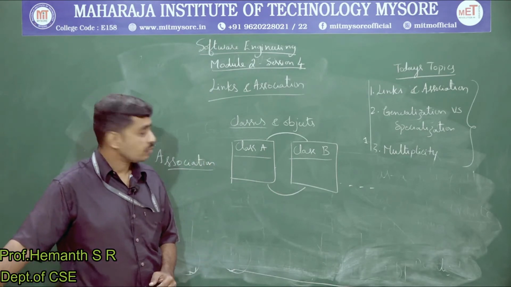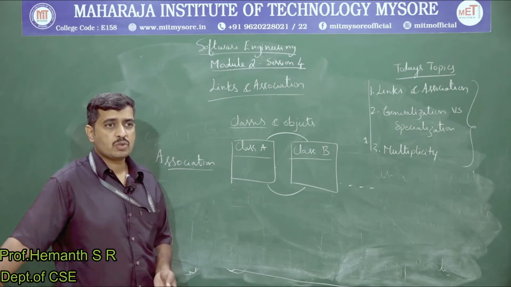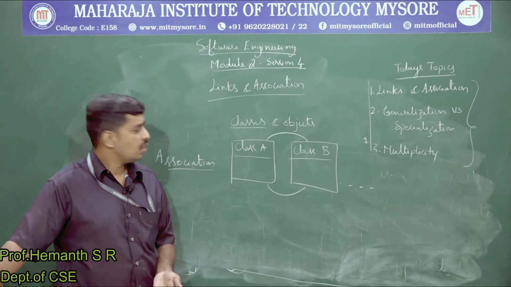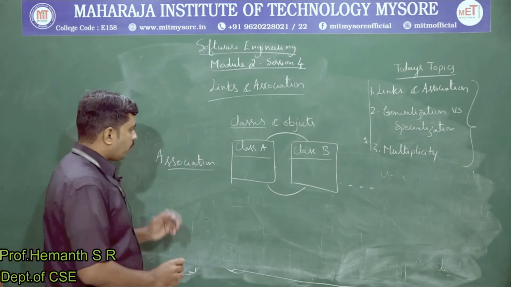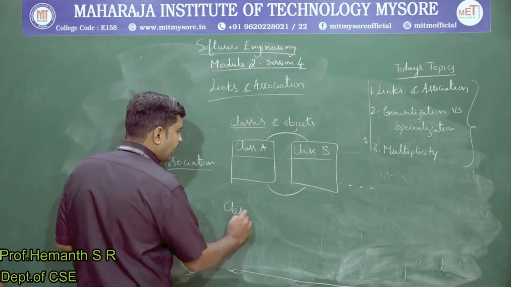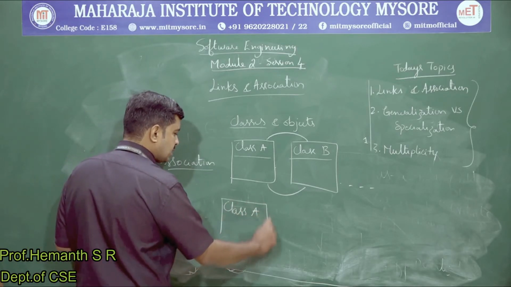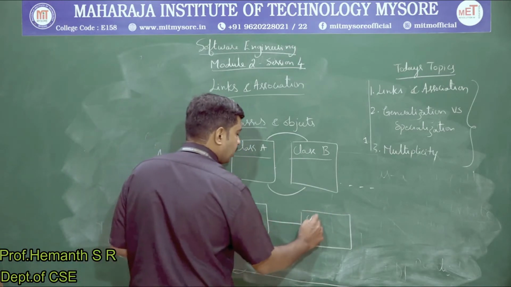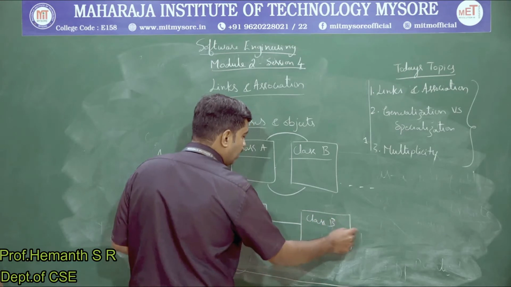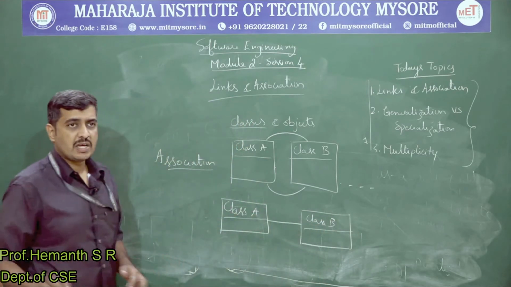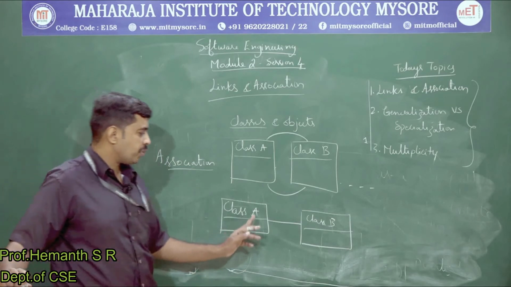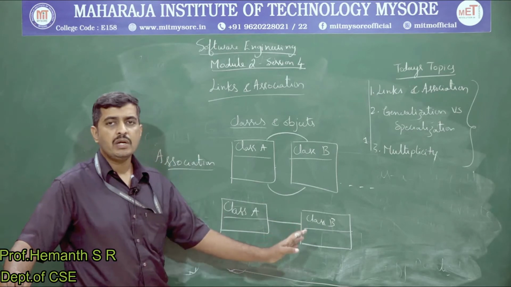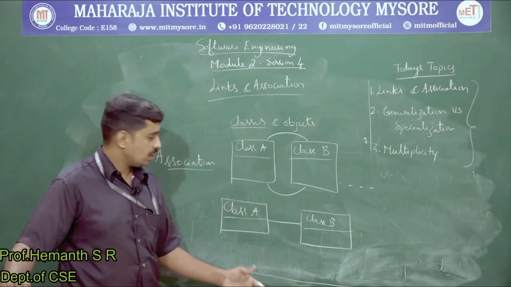So that was association. Typically we will have two or more classes. One more point we need to note down is that the interaction or association between the classes will be represented using a straight line connecting the two classes. For example, I want to represent association between class A and class B. So I'll draw a straight line between class A and class B. What exactly is that association?